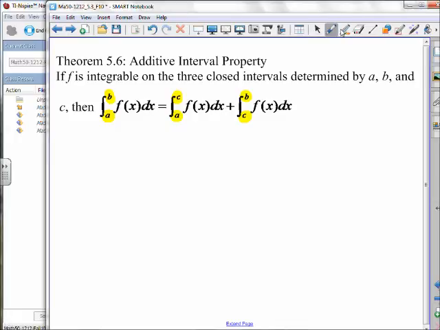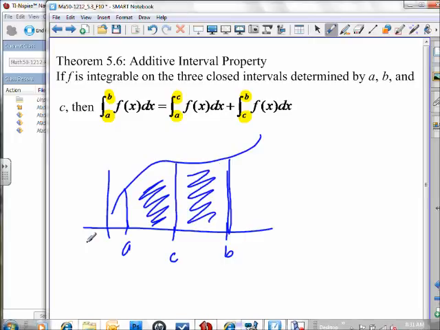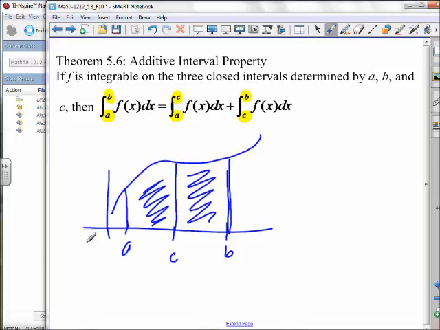Now, that's best understood if we think about it this way. There's a, there's b, and c is somewhere in between. If I find the area from a to c and I add onto it the area from c to b, do I have the area from a to b? Yeah. Okay, so that's what this is explaining there.